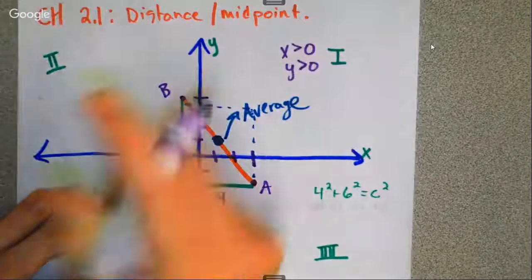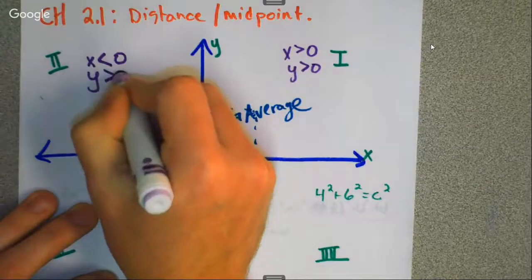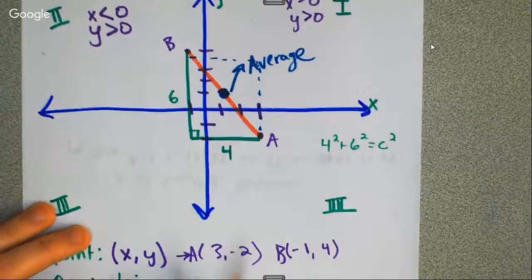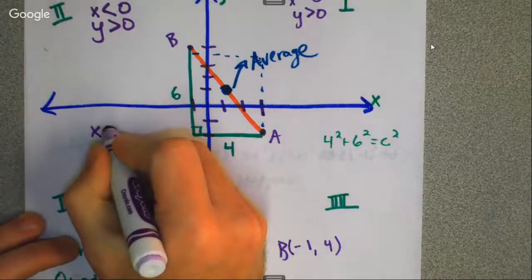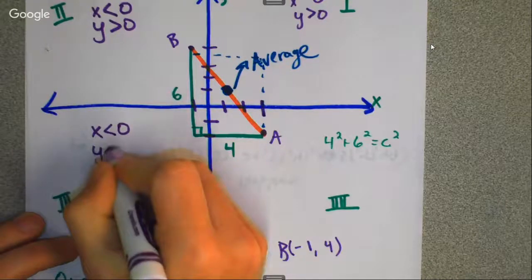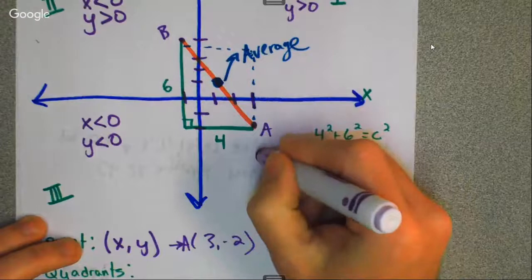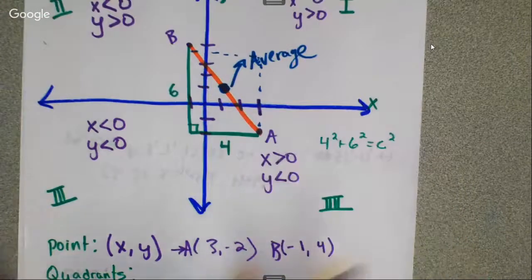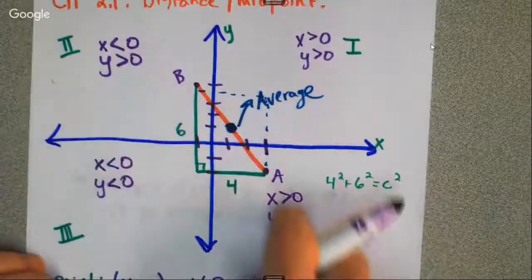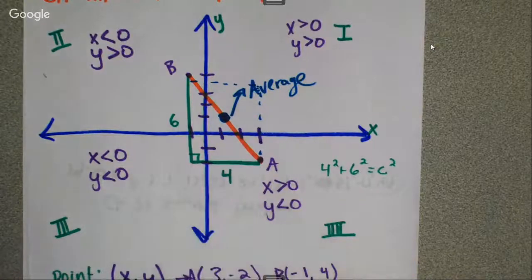In quadrant 2, x is less than 0, but y is still greater than 0. In quadrant 3, x is less than 0 and y is less than 0. And in quadrant 4, x is bigger than 0 and y is less than 0. Those are your domain and ranges for all 4 quadrants. That's all the possibilities that we could have with x and y.